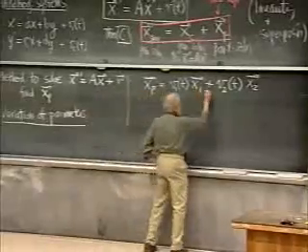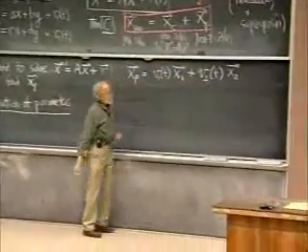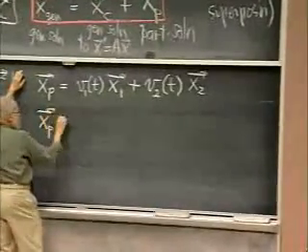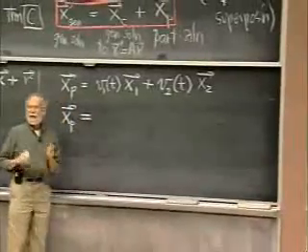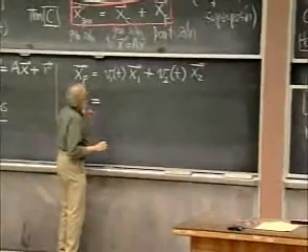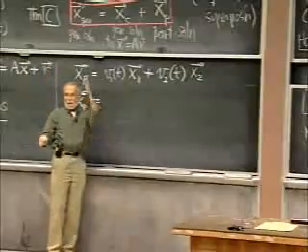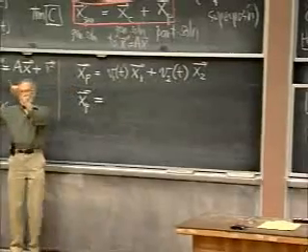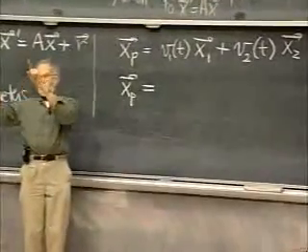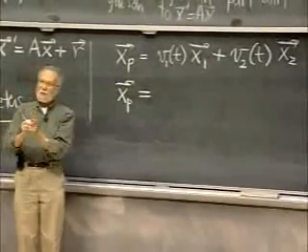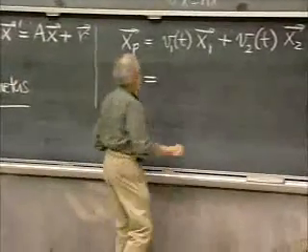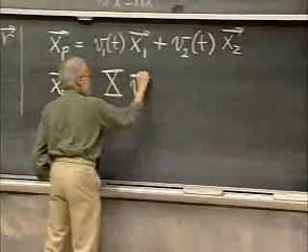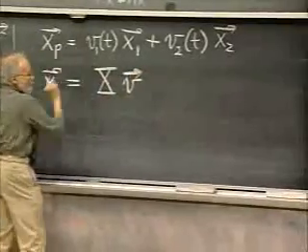So these are solutions to the homogeneous system, and I'm going to write it using the fundamental matrix as, now think about it. The fundamental matrix has its columns x1 and x2. Your instinct might be, using matrix multiplication, to put the v1 and the v2 here, but that won't work. You have to put them here. This says the same thing as that.